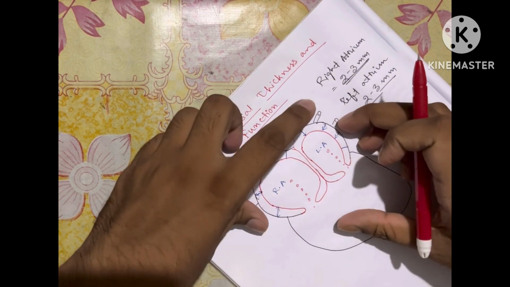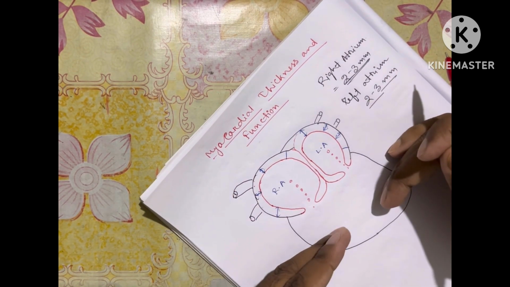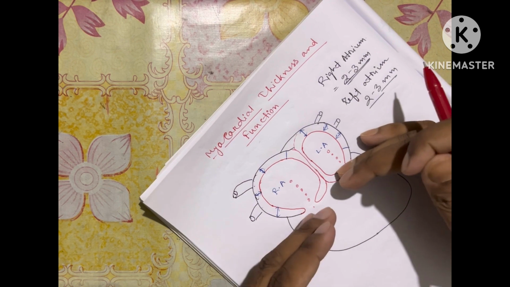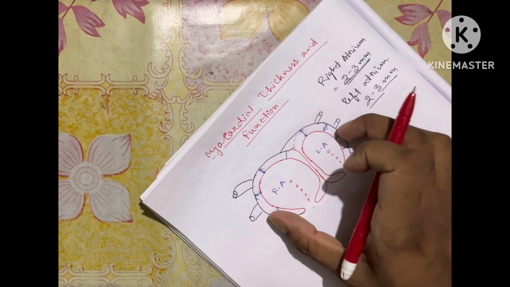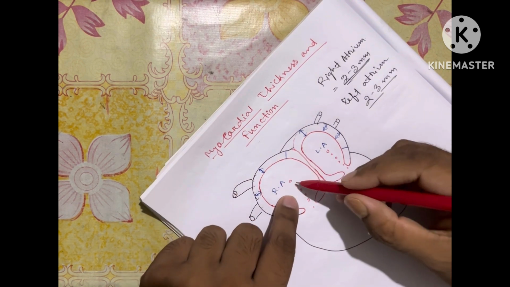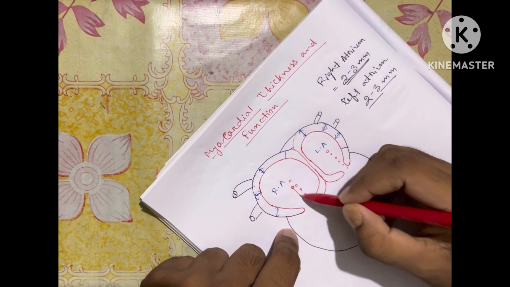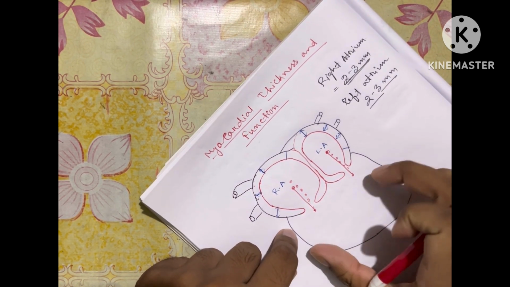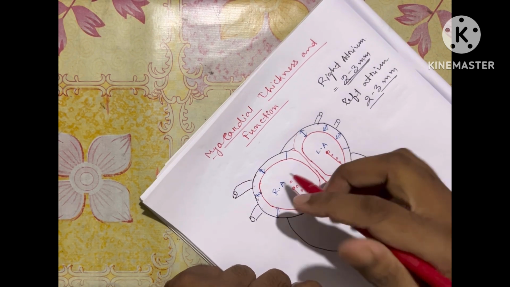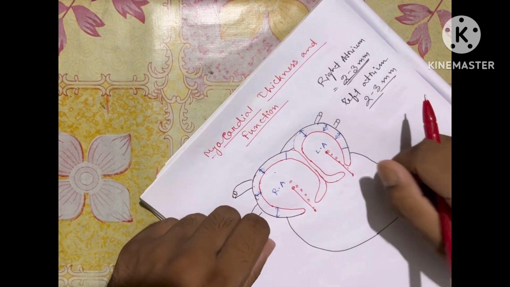When they contract, all the content comes into the ventricles present beneath. So blood travels a very short distance to the next chamber below. That's why they need to contract with less pressure.